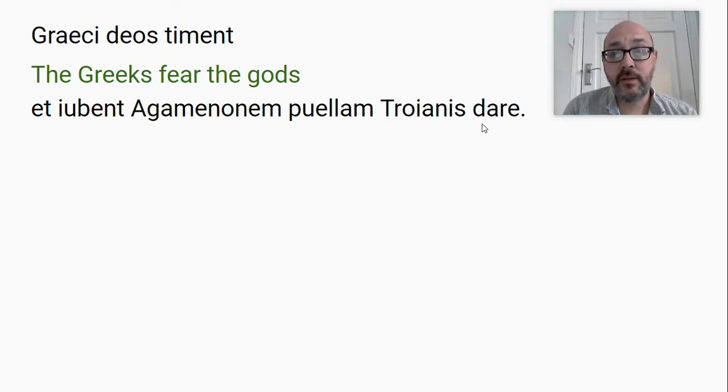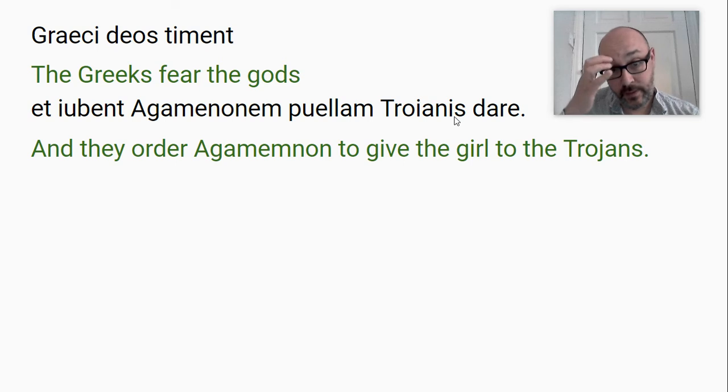Yeah, it's an infinitive. So they order Agamemnon to give the girl to the Trojans. Aha, what's this? It's a dative. When you're giving something, remember the person you're giving it to goes into the dative. It's a dative plural, Troianis. Okay, they give the girl to the Trojans.